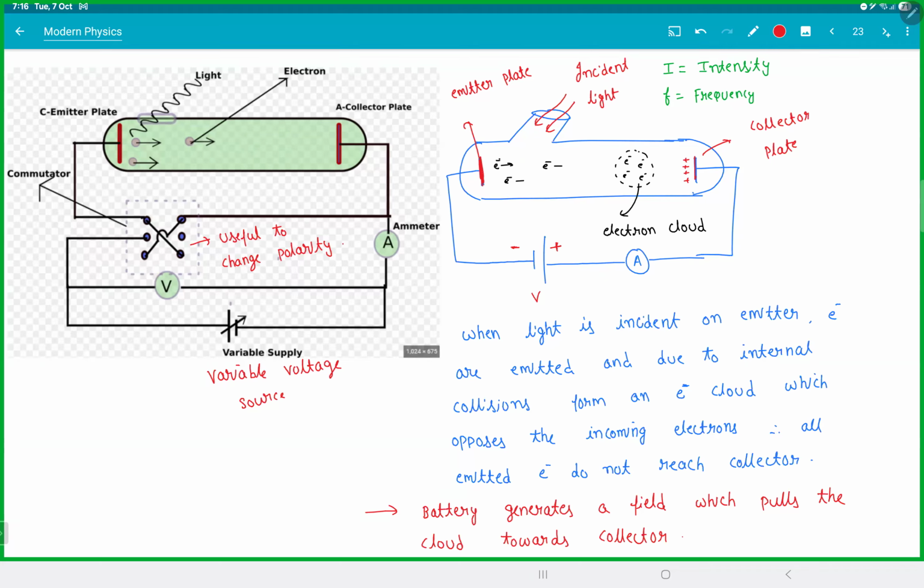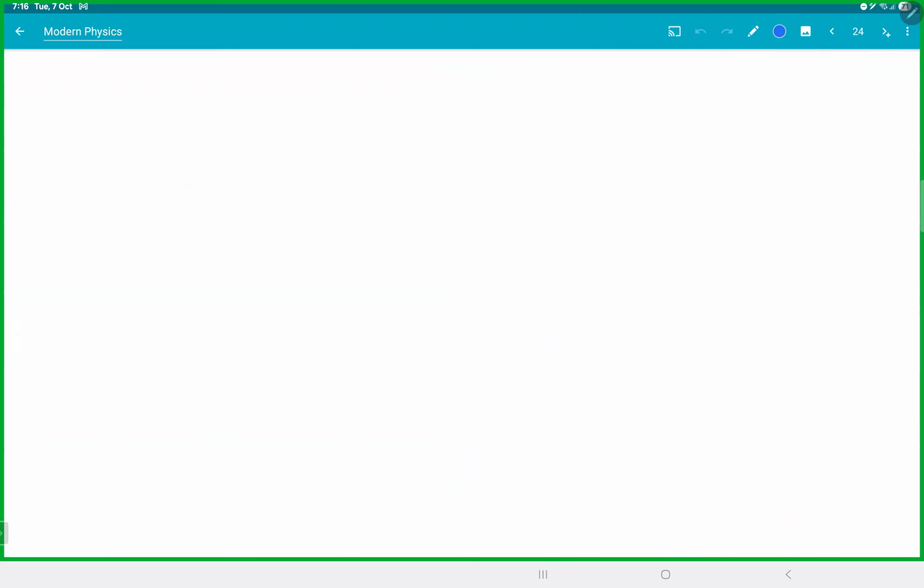If you try to plot a graph here, this is one of the graphs. In the photoelectric effect, we have two graphs and two equations. If you plot a graph between the current and the voltage, the right hand side means the collector voltage is positive.